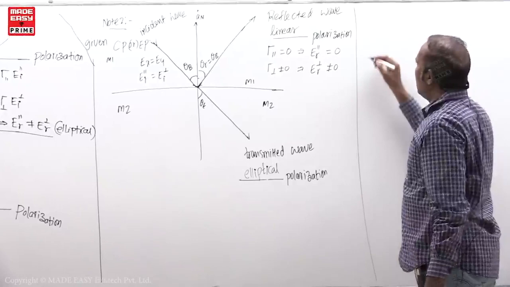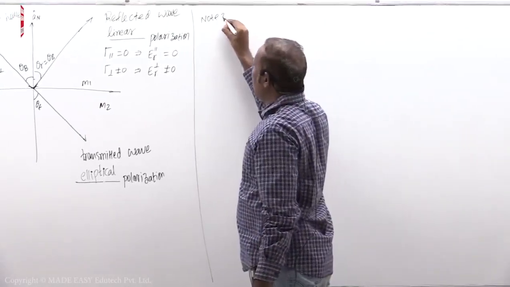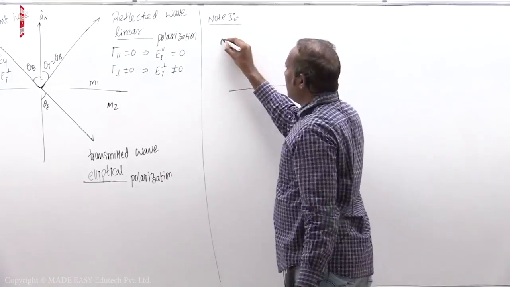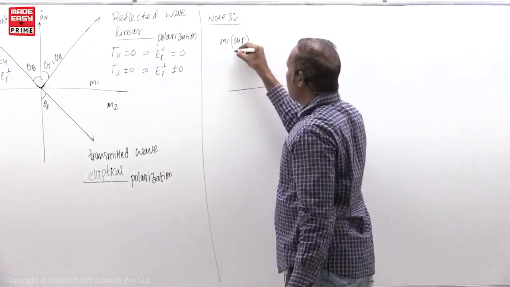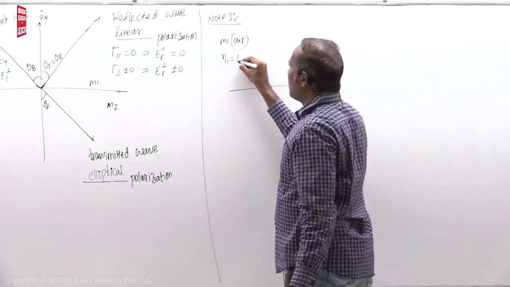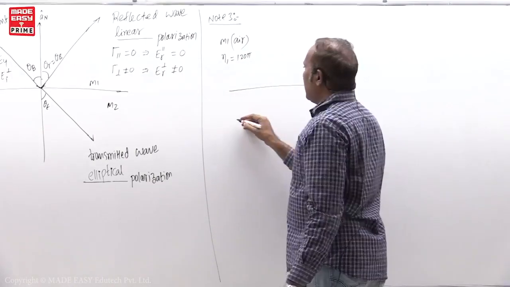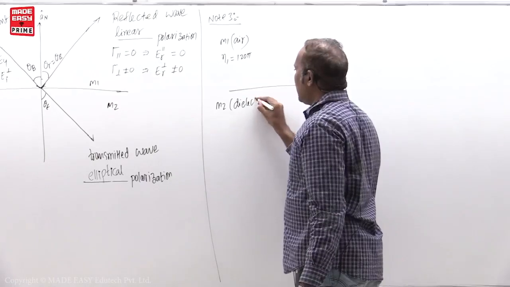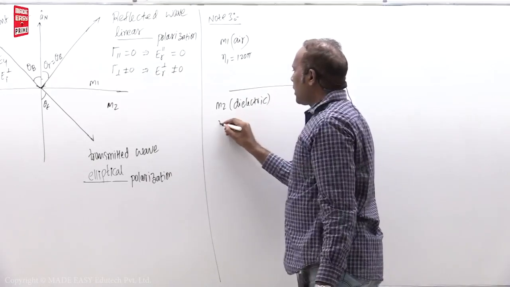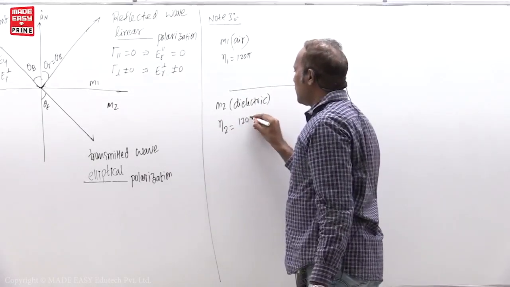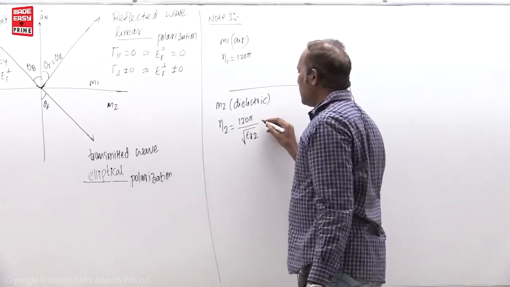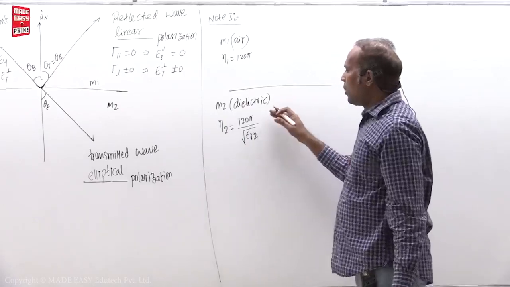Then note 3 I am writing. Let us take medium 1 as the air medium, so that eta 1 is equal to 120 pi. And medium 2 is a dielectric medium. Then for the dielectric, eta 2 is equal to 120 pi divided by root epsilon r2, that means mu r2 is equal to 1.